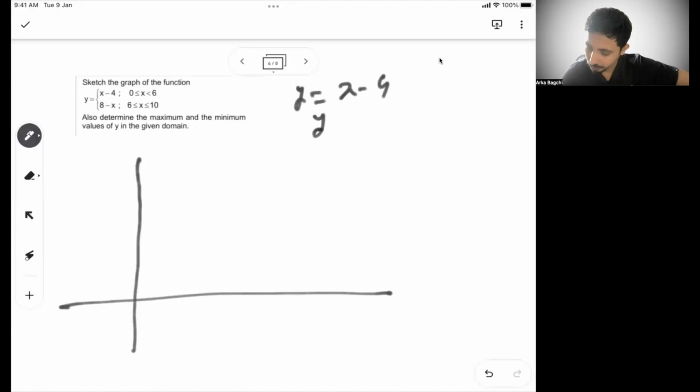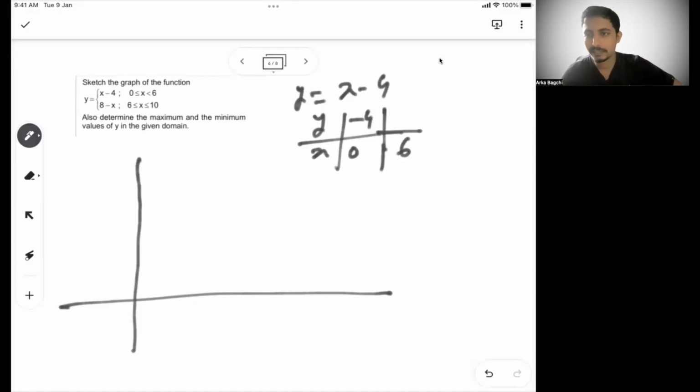If I put in y and x, at x equal to 0, y is minus 4, and at x equal to 6, it is not exactly 6, just less than 6, say 5.99, but assuming it's 6, y is 2. So this is the point.